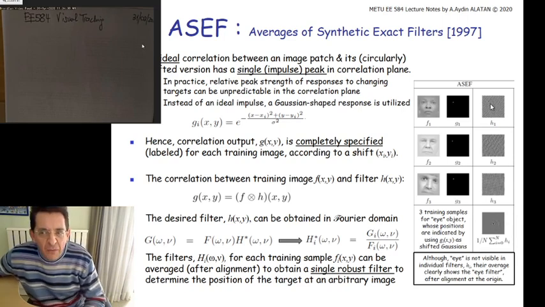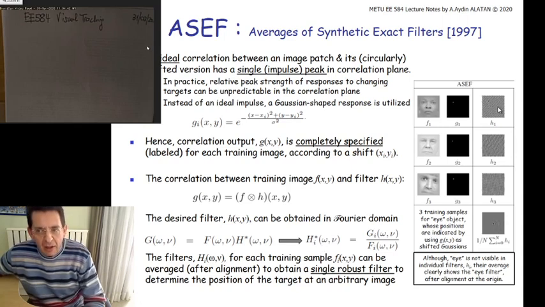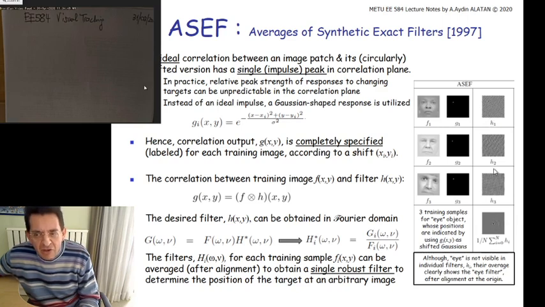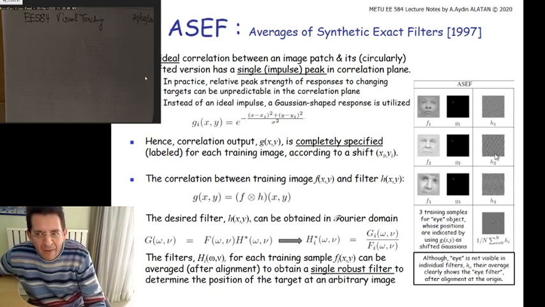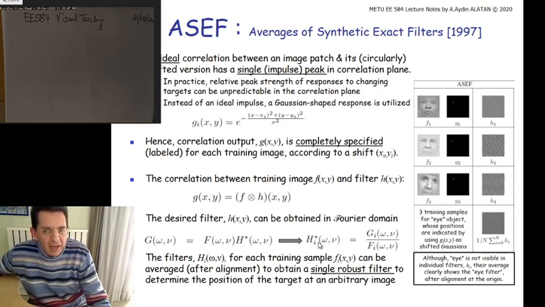And if you take the inverse Fourier transformation, in the image domain, you will obtain this H response. Another H, another H. Do you see any eye here? No. But look at this result. If you just take the average of these three training samples, since Fourier transformation is a linear operation, in the time domain you can also take the average.